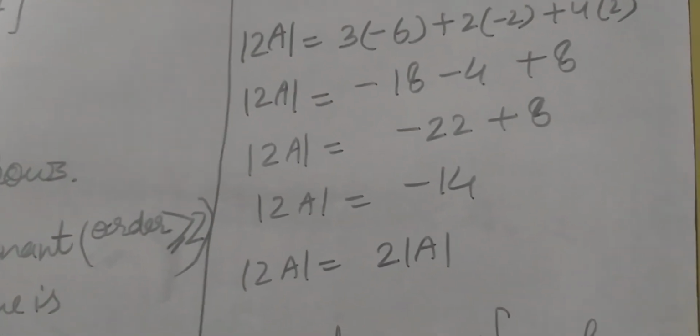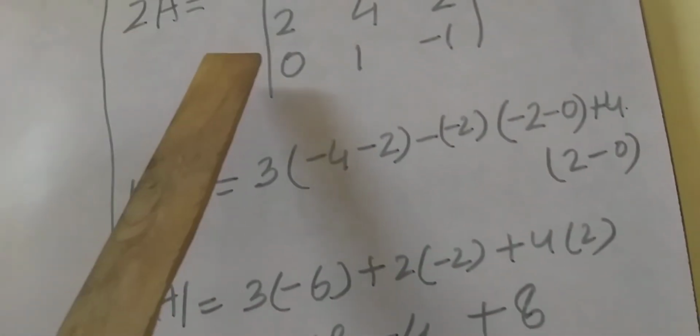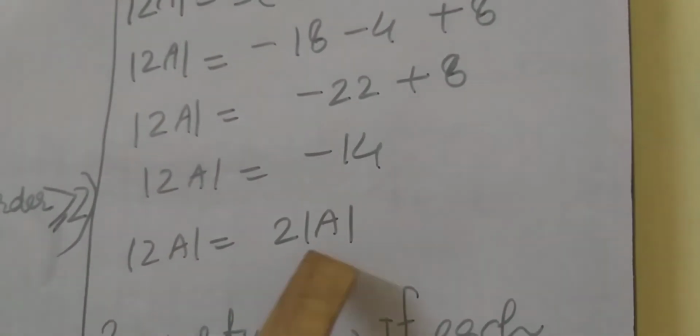Minus 22 plus 8 is minus 14, students. Okay. So its determinant is coming minus 14 when I multiplied R2 by 2. R2 turns to 2 R2. Then its determinant is minus 14. Earlier its determinant was minus 7. 7 to 14, so we can say determinant of 2A equals twice the determinant of A, because the determinant of A is minus 7 and the determinant of 2A is minus 14.